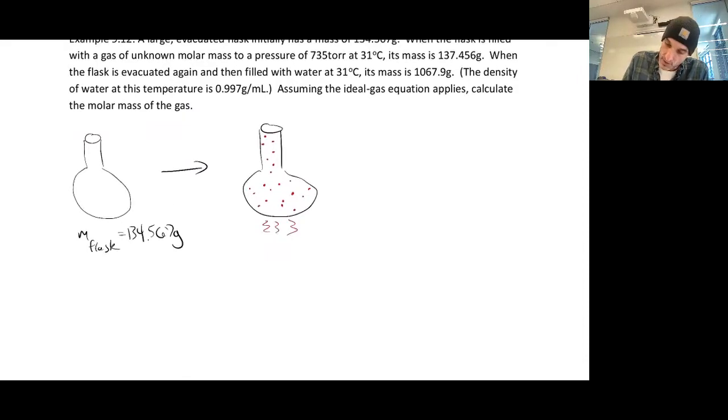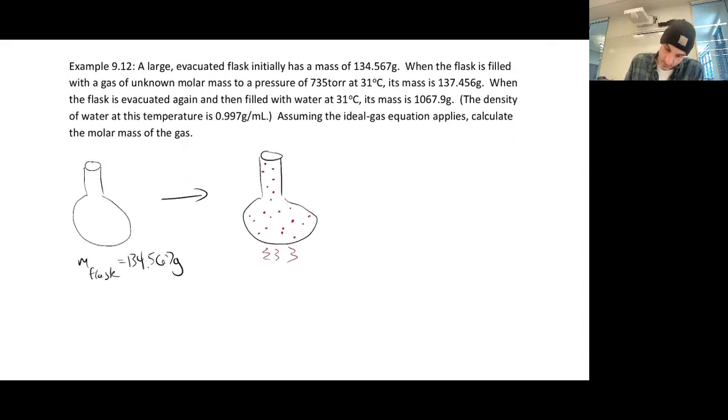Ultimately, this is the mass of the flask plus the gas, and that mass turns out to be 137.456 grams.